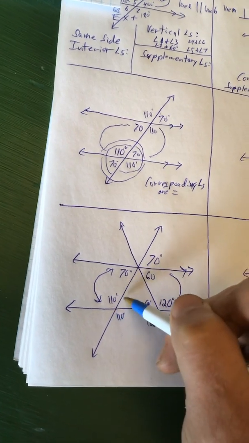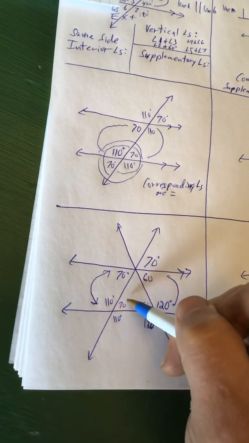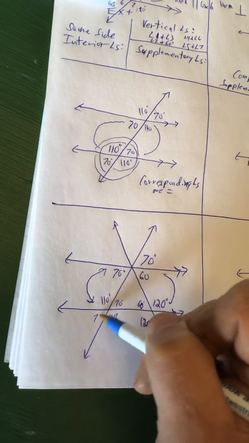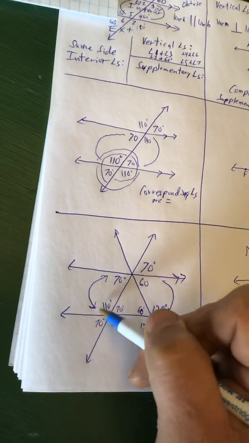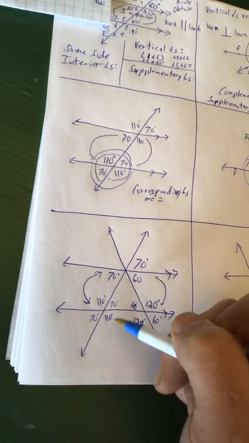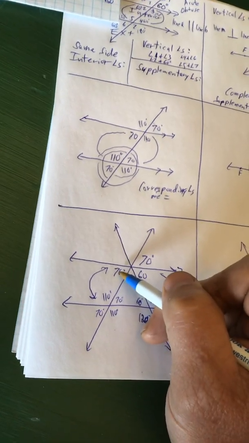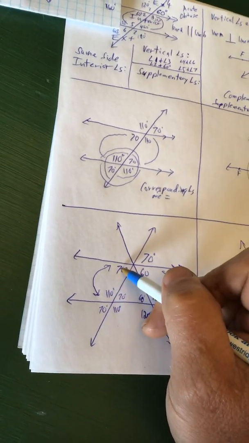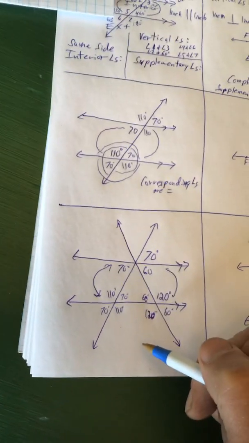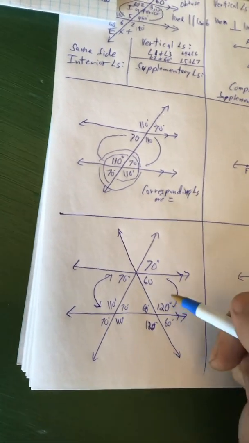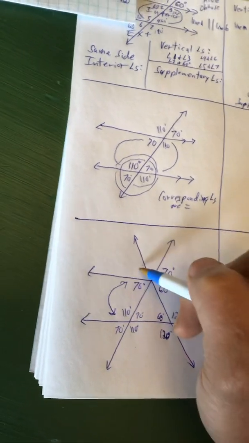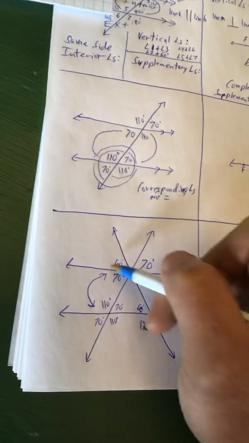And then these are supplementary, this is 70, or these are supplementary, and here's your vertical. Or you could have done corresponding. That's kind of hard to see there, right? And then if this is 60, that's 60, because these are vertical.